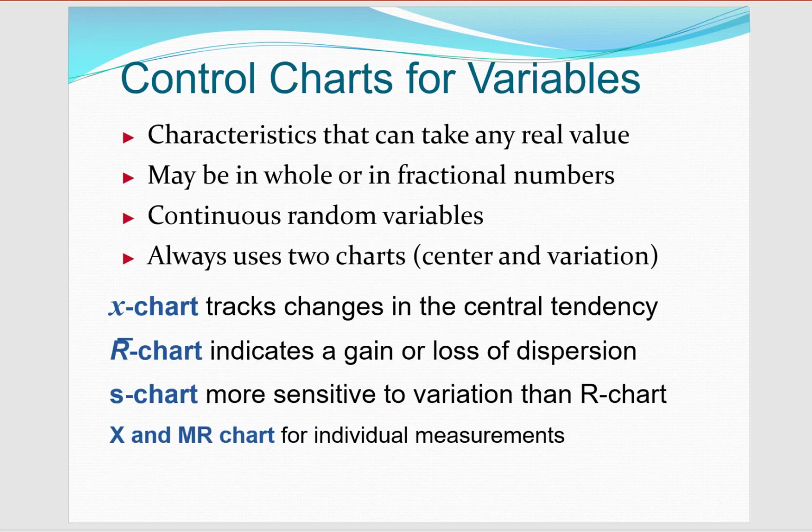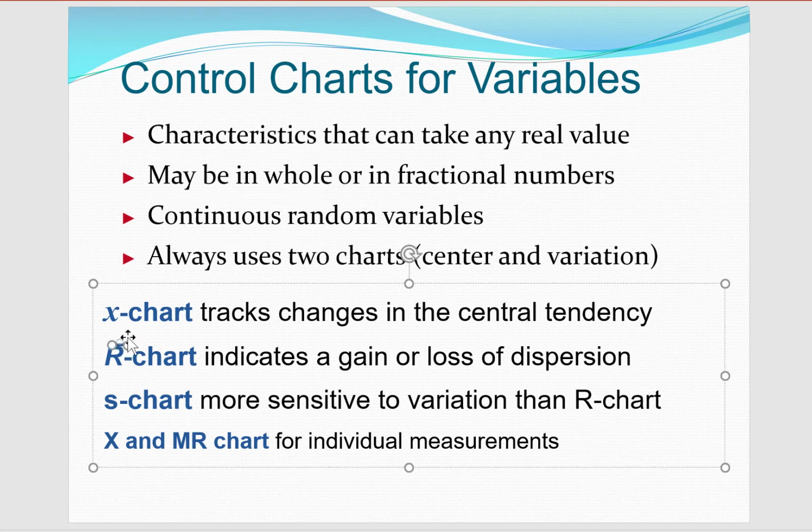So there are two different types of control charts: control charts for variables and control charts for attributes. Okay, so control charts for variables follow characteristics that can take on any real value.